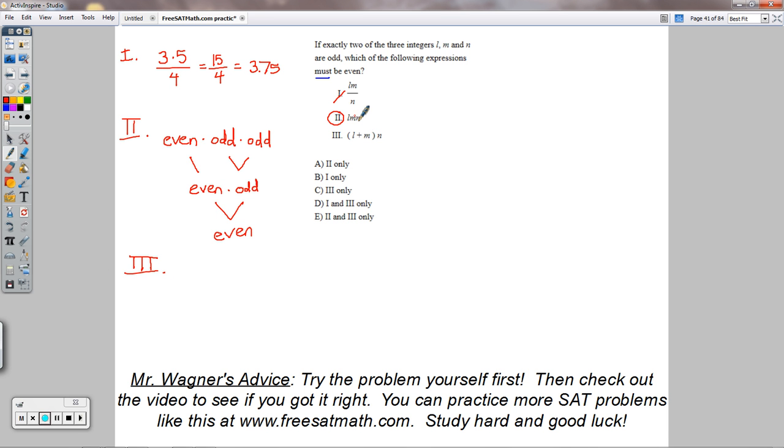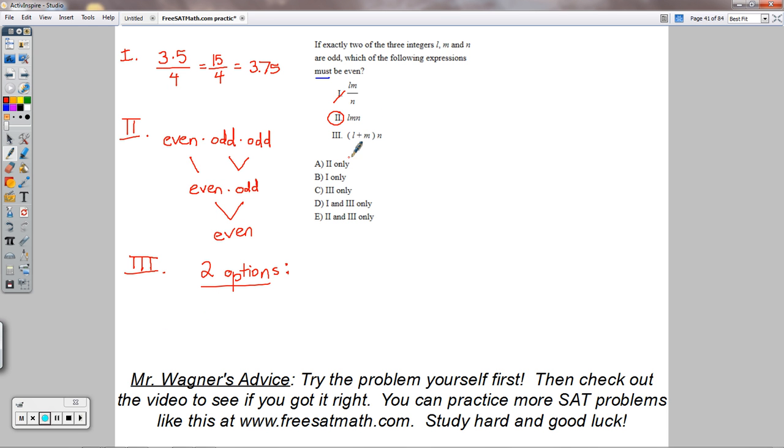And then number 3, let's see if this always has to be the case. So if you add L plus M and multiply that quantity times N, does it always have to be even? So you could have the even number on the outside here, or the even number inside the parentheses here. Those are your two options, basically. Let's check both options.